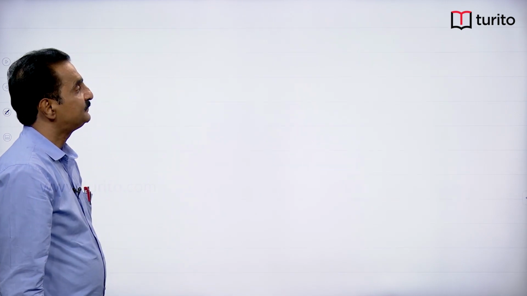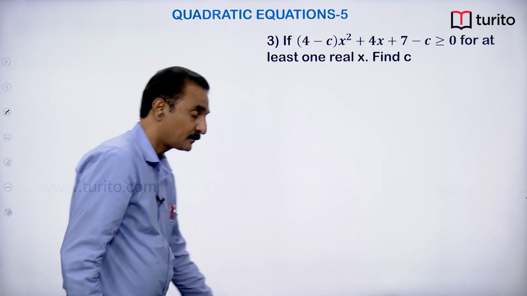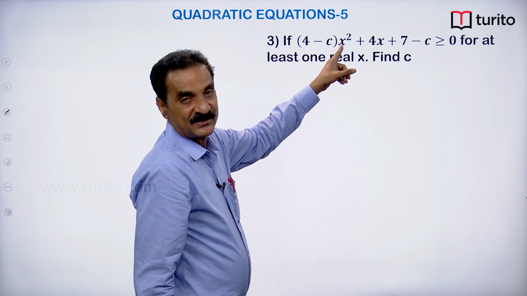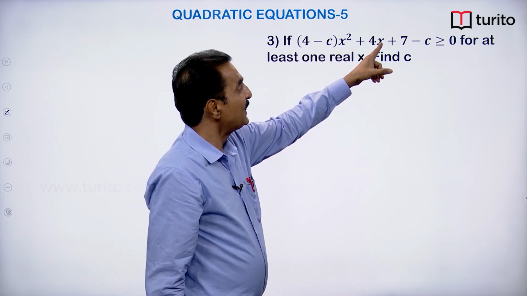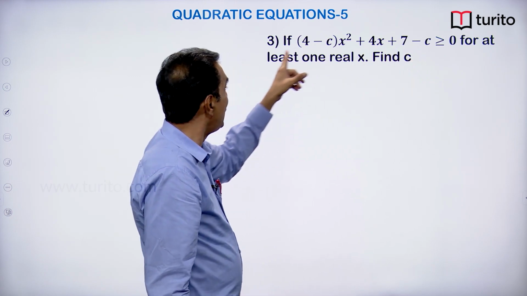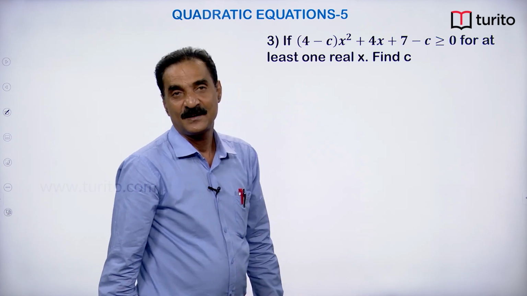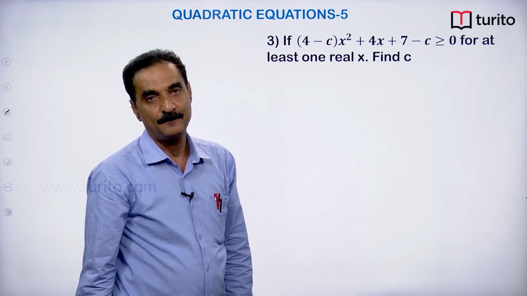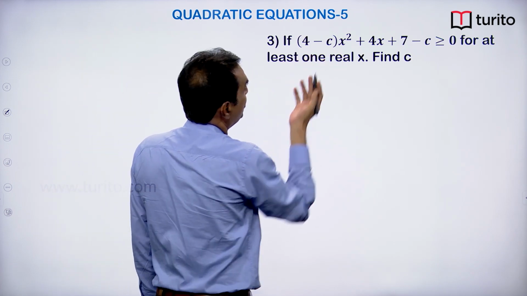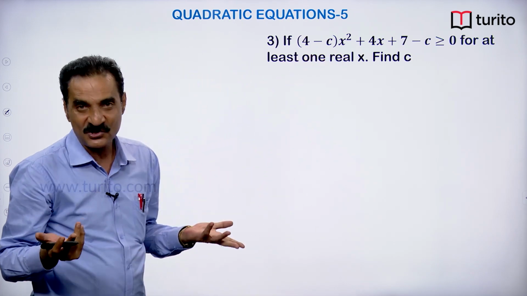Next question. If 4 minus c into x square plus 4x plus 7 minus c is greater than or equal to 0 for at least one real x, find c. Here the x square coefficient is 4 minus c, we do not know whether it is positive or negative.